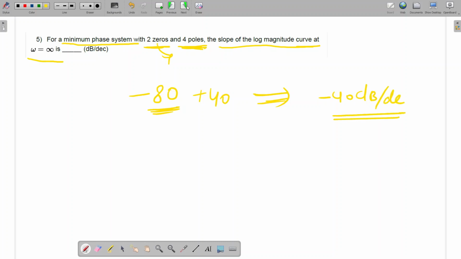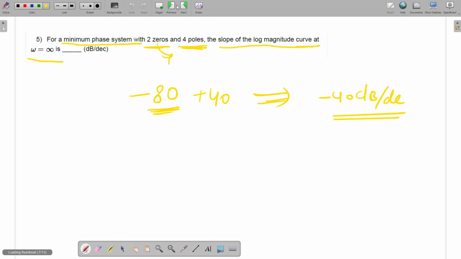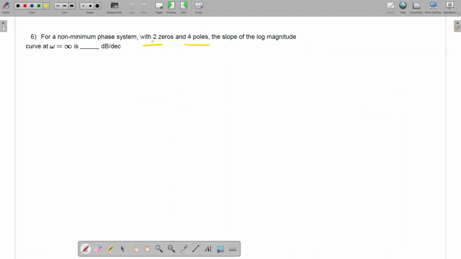Similarly, this is the next question. Here 2 zeros and 4 poles are there. Is it reverse or the same? It is non-minimum phase. 2 zeros and 4 poles. What will be the answer? Same question. Positive or negative?